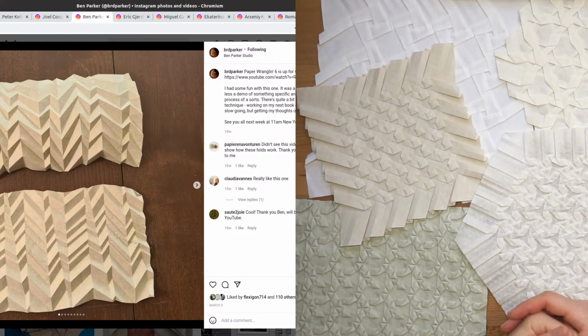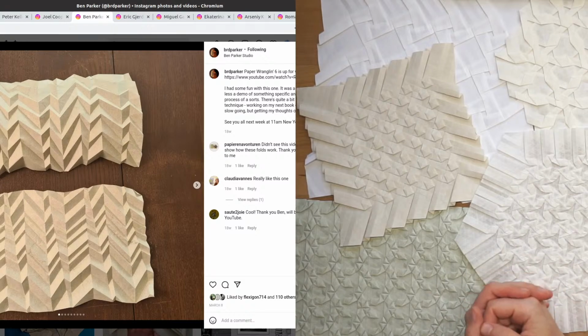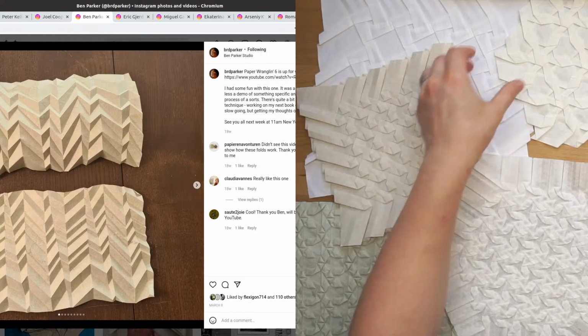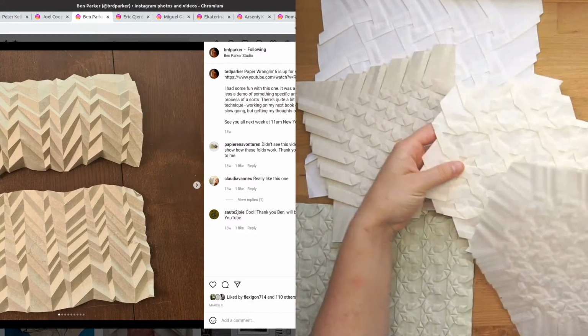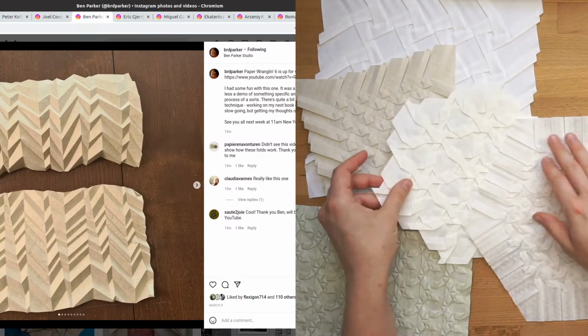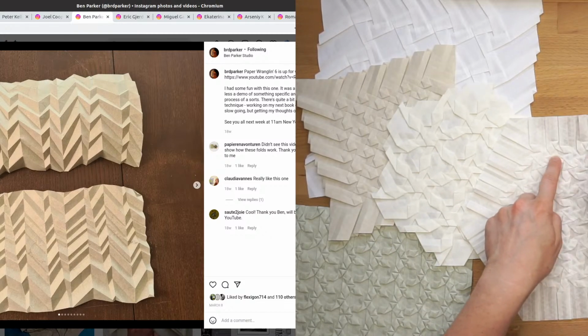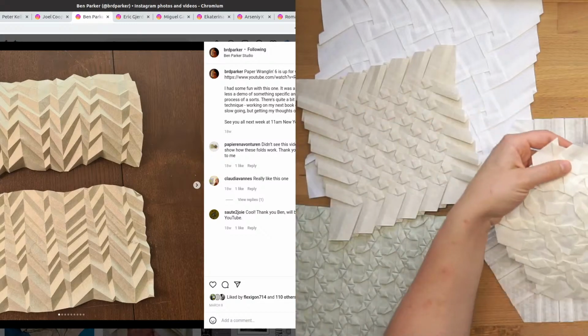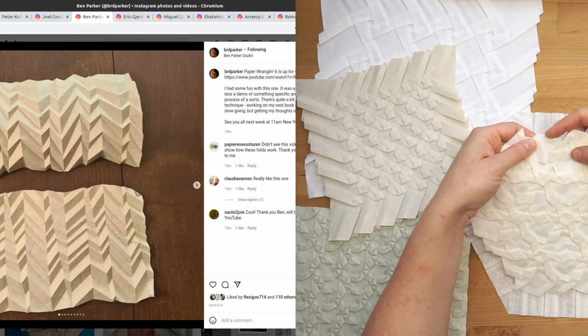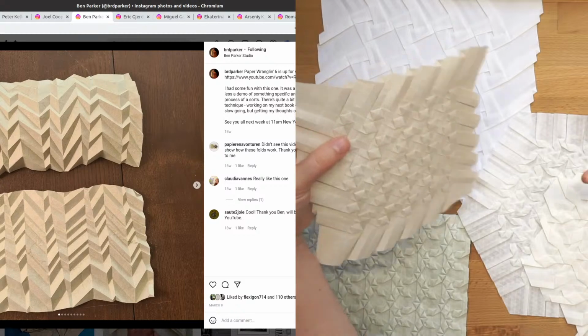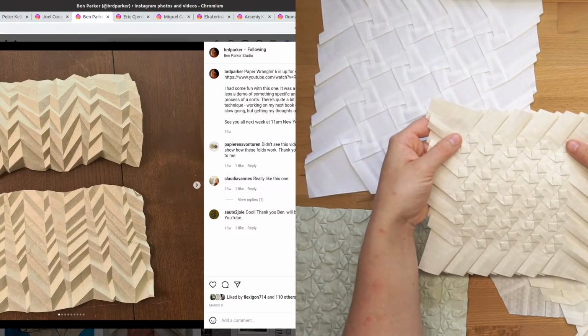So a big distinction with the way that Ben works and the way that I work is I like to plan everything out. You can see that I have different kinds of borders on my tessellations. So on this one, the pleats go perpendicular to the edge. On this one, I've got my grid parallel to the edge. And on this one, I'm somewhere in between.